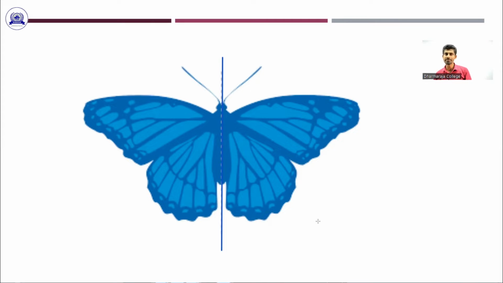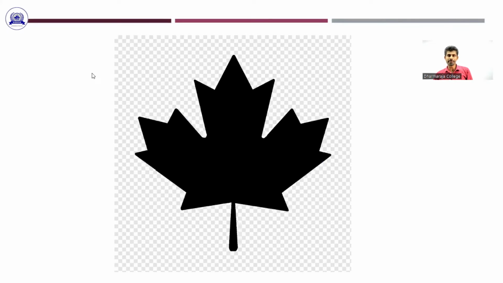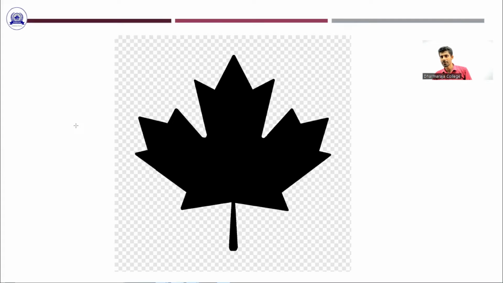You can divide it exactly into two. Look at the third example. Look at that leaf. I will use yellow color. You can equally divide it into 2.